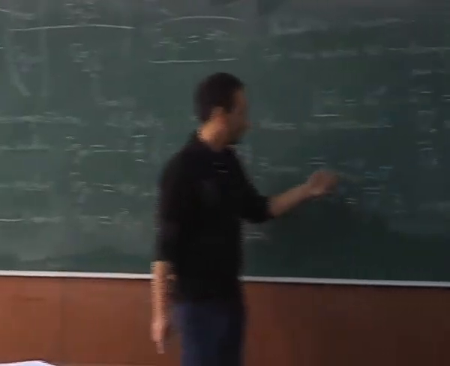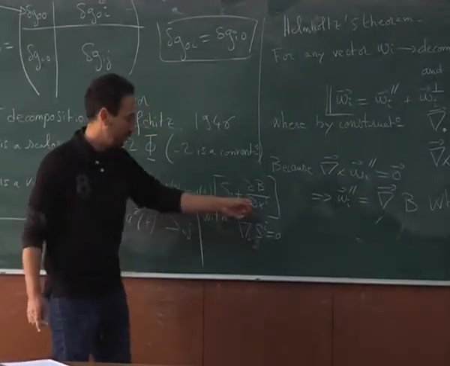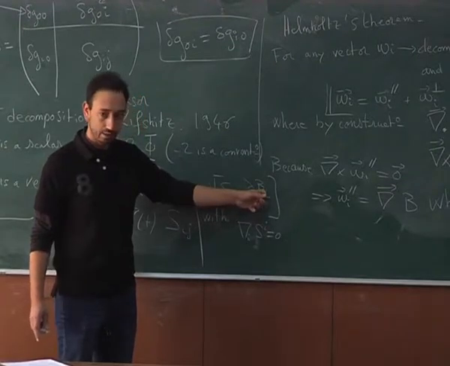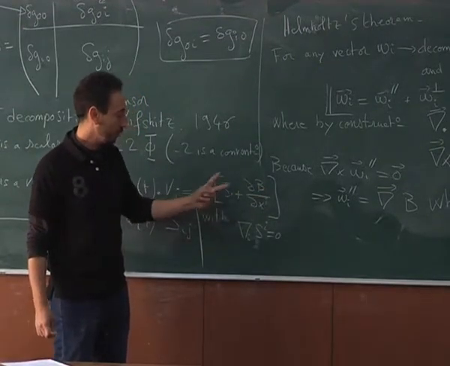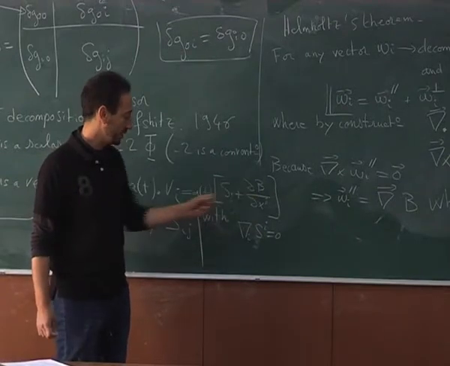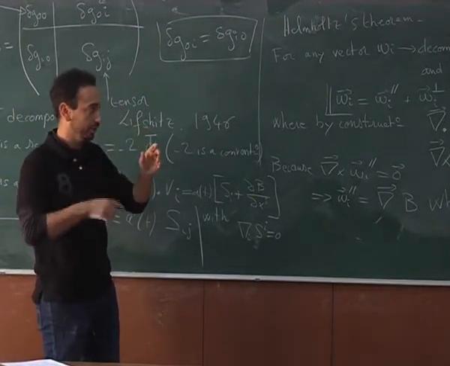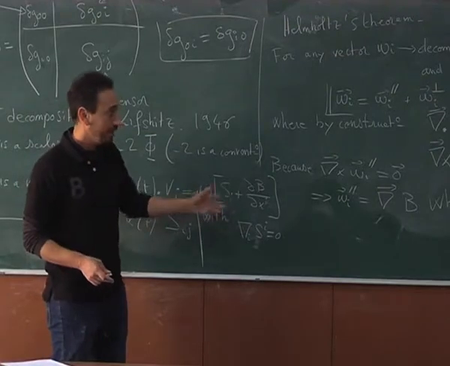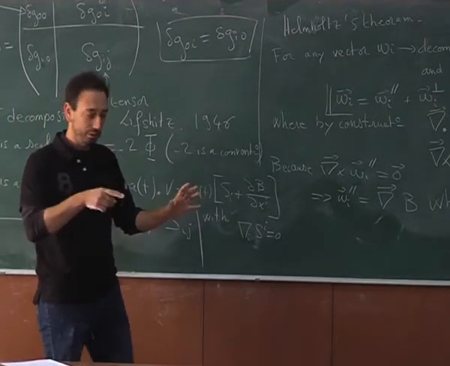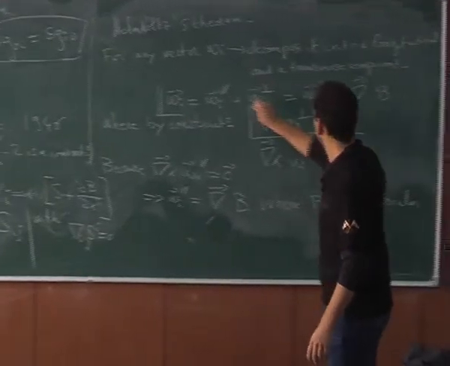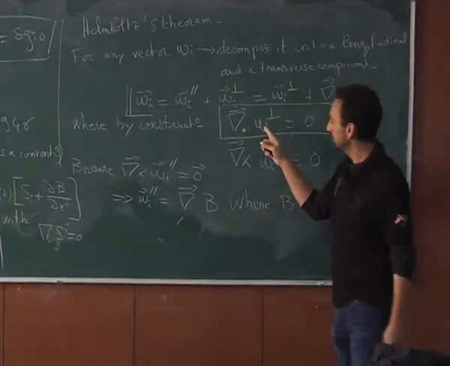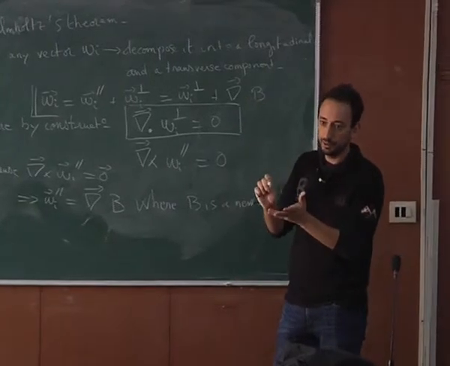We decomposed it into 2 terms. B is a scalar, so this is one of the degrees of freedom. So the omega should have the 2 other degrees of freedom. Then 2 plus 1 is 3, and the vector has 3 terms. Now the omega is a vector, so it should have 3 terms, but at the same time we have this constraint. This constraint says that all components in the vector are not independent.